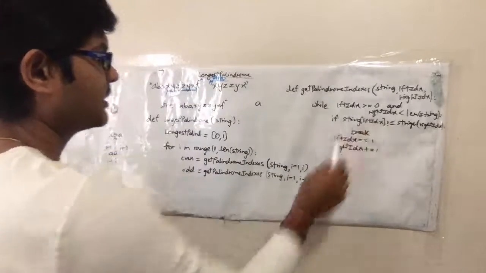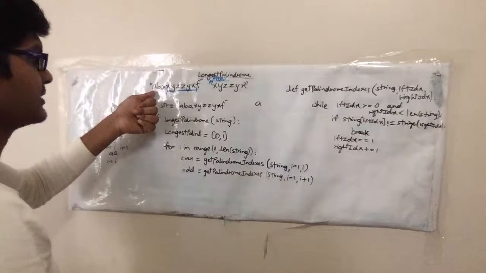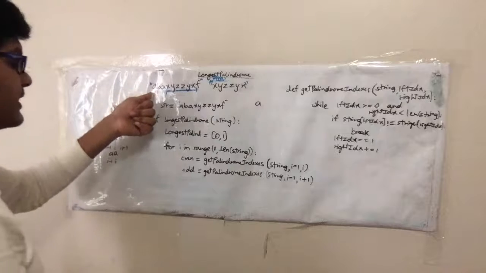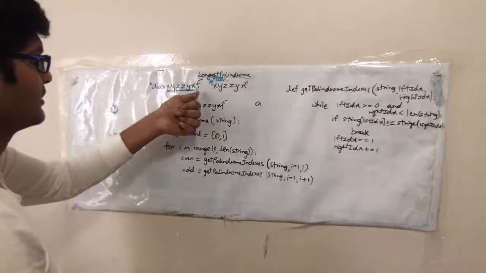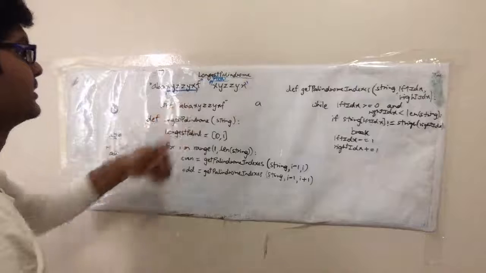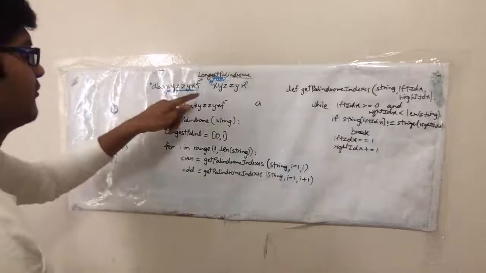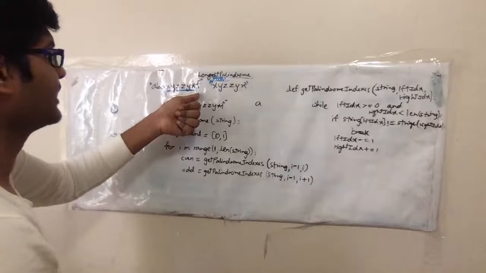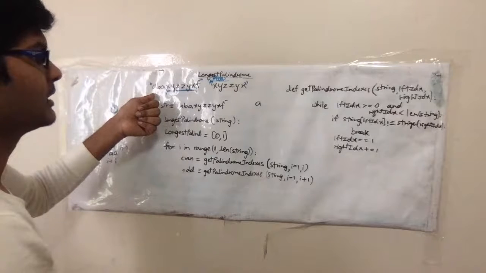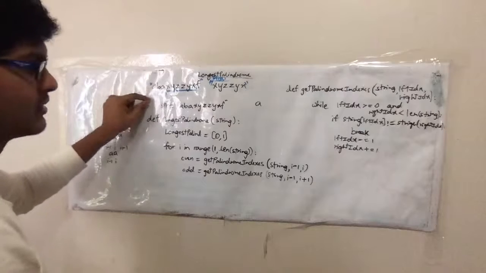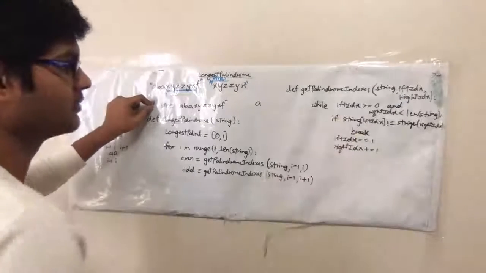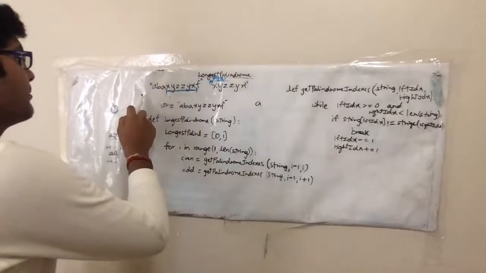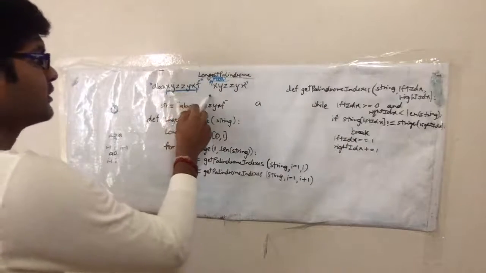If this checking has been completed, I mean, if the pointer goes to the extreme left or the extreme right, the left index would probably be minus 1 if it crosses 0. So either it can be minus 1 or the length of the string.